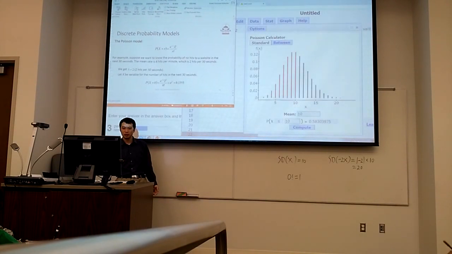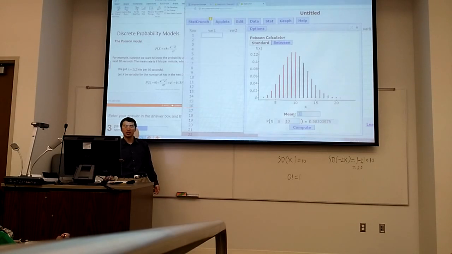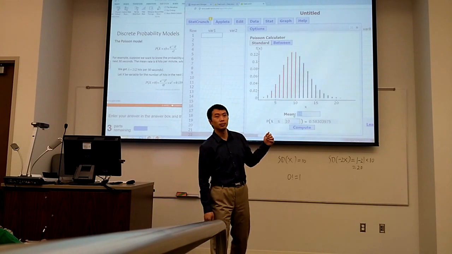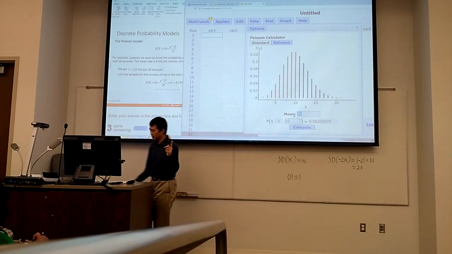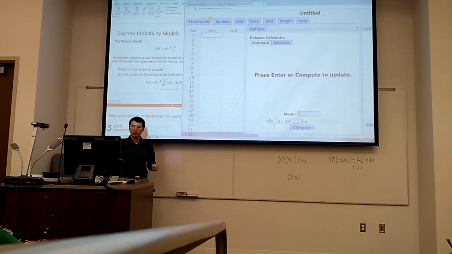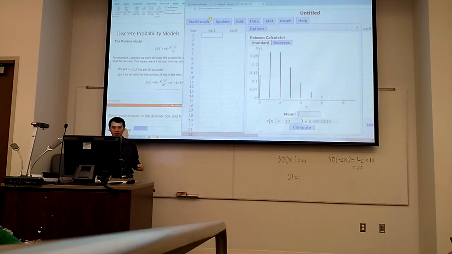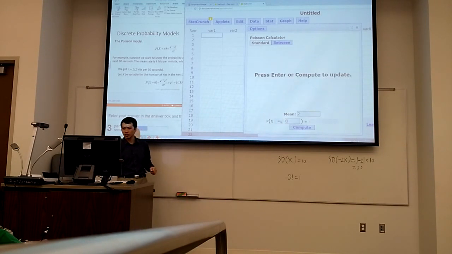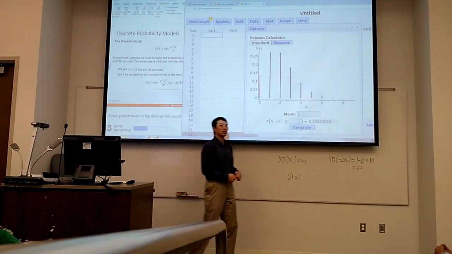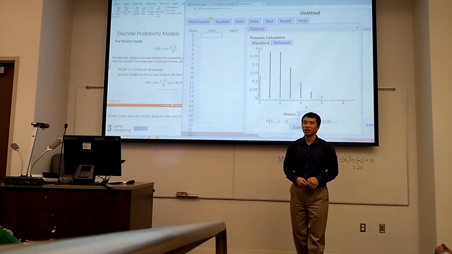So this is the question we are interested in. The parameter is the mean, lambda. And in this question, the mean is 2. And we are interested in there's no hit, so we have to change it to equal to 0. We are interested in 0 arrivals in the next half minute.